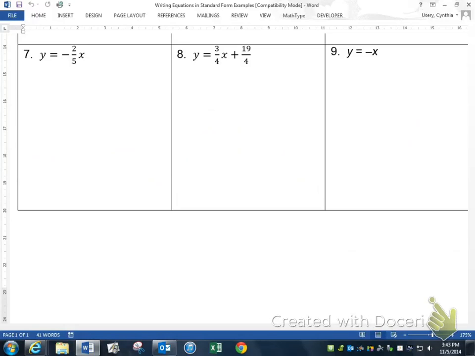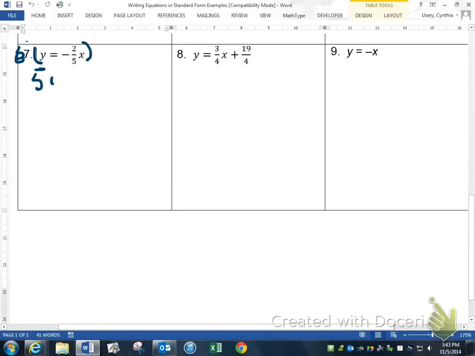Okay, on number 7, I again have a fraction. The denominator is 5, so I'm going to multiply everything by 5. And so I'm going to get 5y equals, and the 5 and the denominator of 5 cancel, so it ends up at negative 2x.